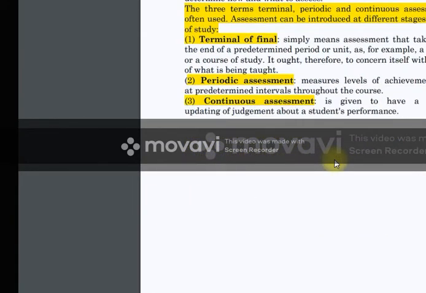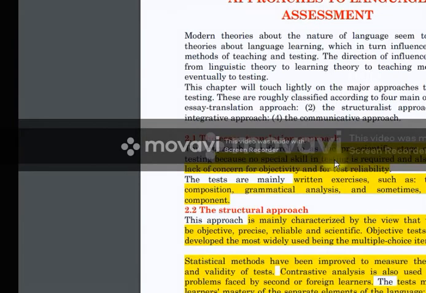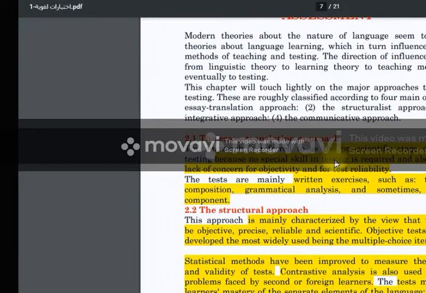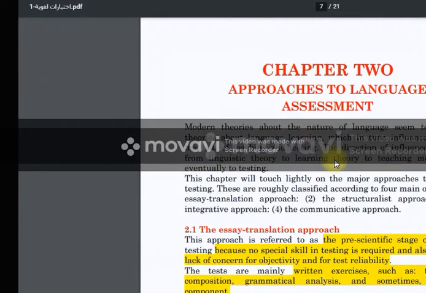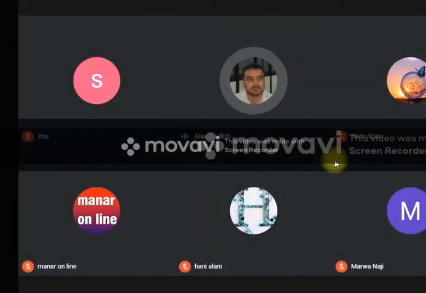These tests are such as giving a title to the students in order to write about it, giving a text to the students in order to translate it from one language to another, giving specific sentences to the students in order to analyze them with reference to some points of grammar, and so on.